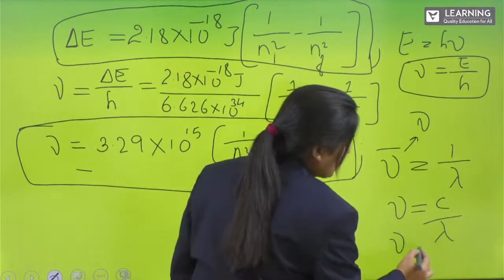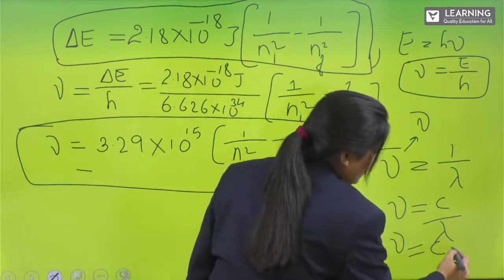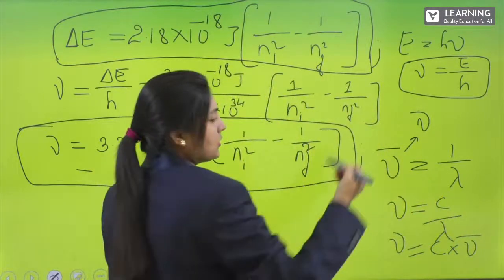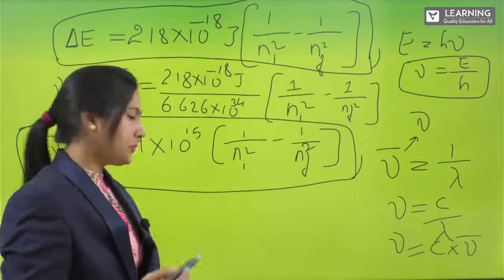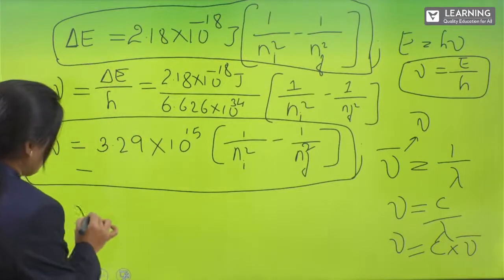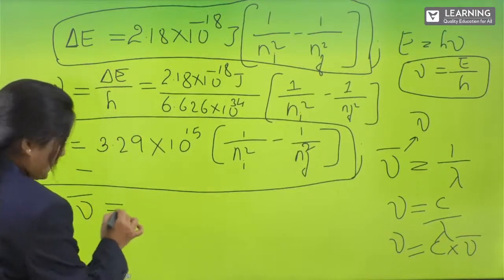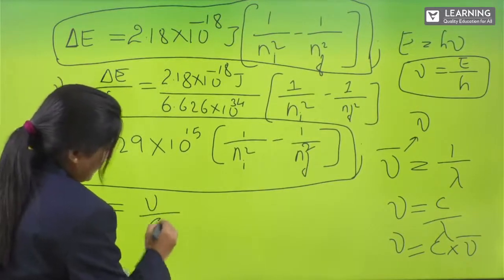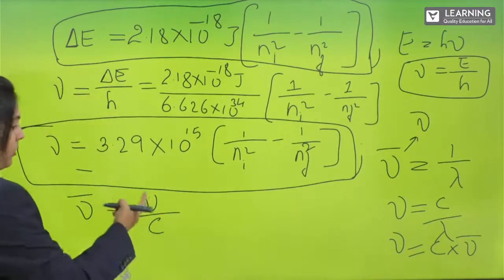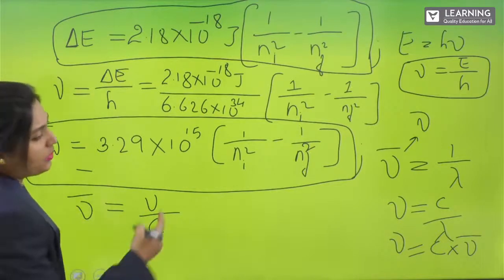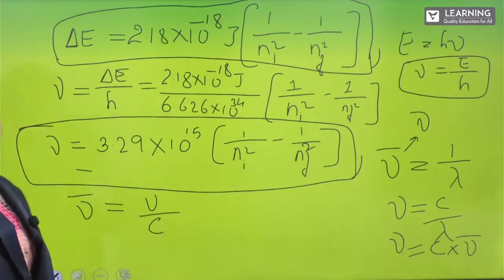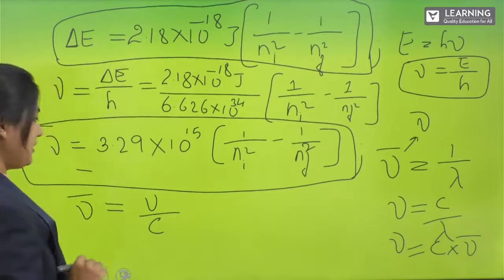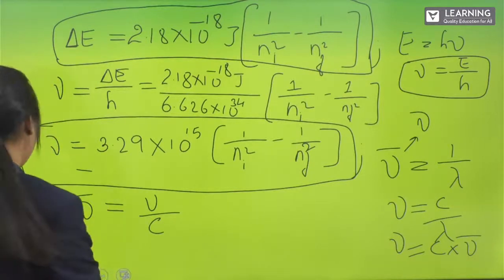So mu is equal to C into mu bar, because 1 by lambda is equal to mu bar. Good. So mu bar is equal to mu divided by C. Is it clear, students? Hope you are understanding here.